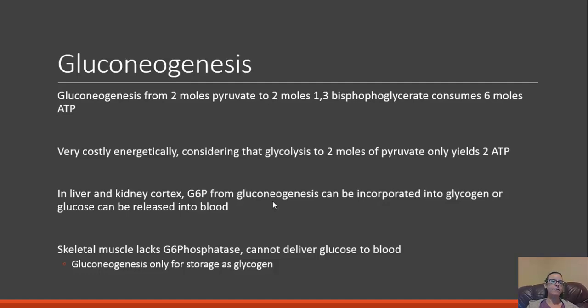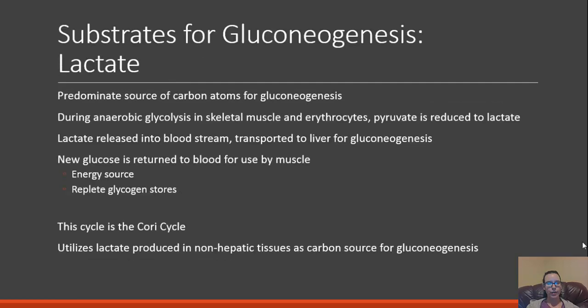So we talked about in the liver as compared to the skeletal muscle, which does not have glucose-6-phosphatase, the liver and kidney are able to convert G6P to glucose to be released in the blood, or they can use it to incorporate into glycogen. So in the muscles, we can't really release the glucose into the blood, but G6P can be utilized to build glycogen.